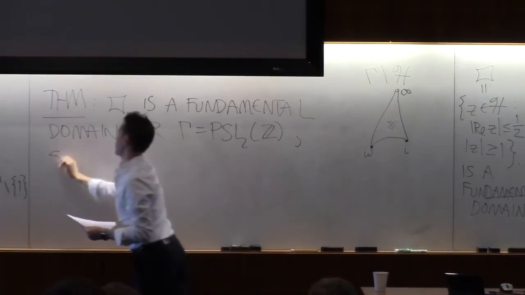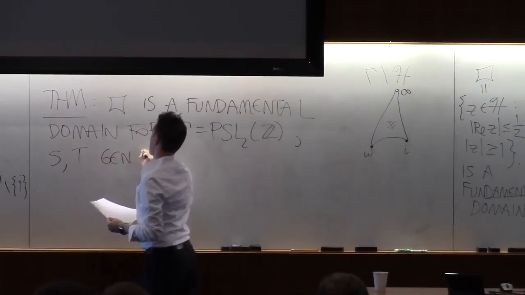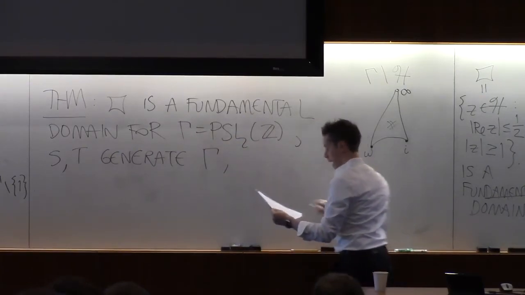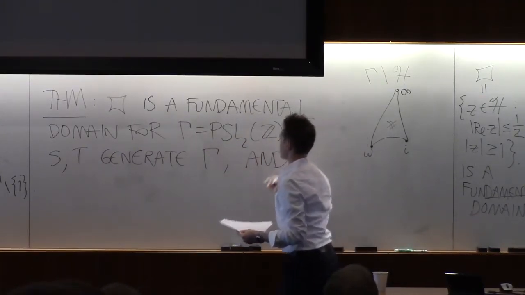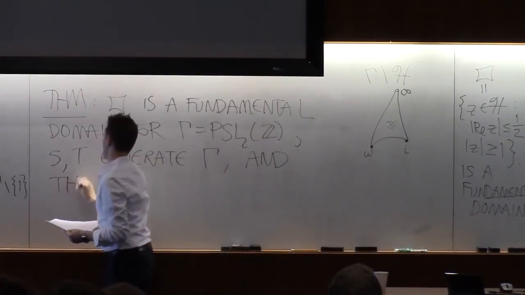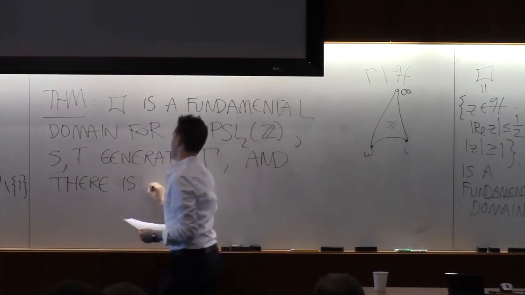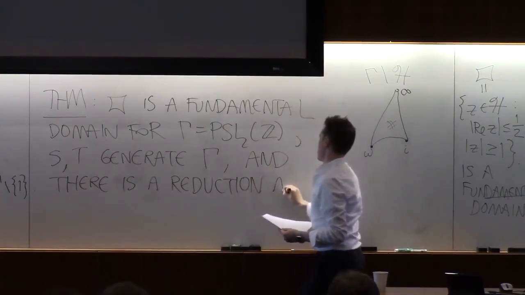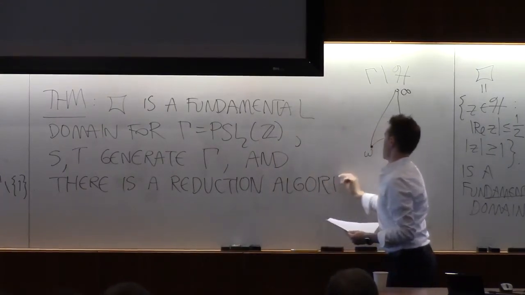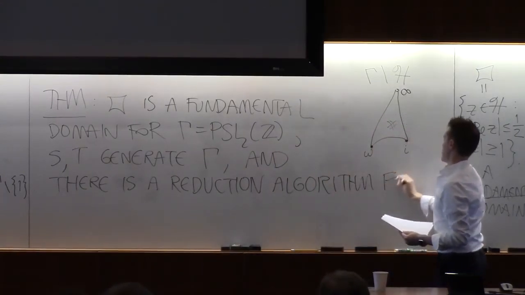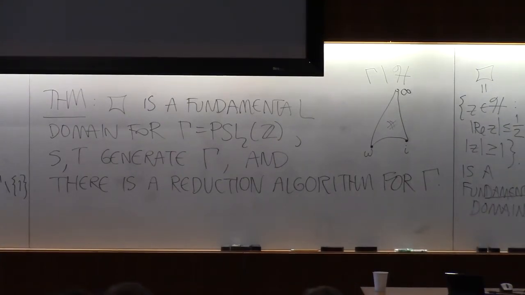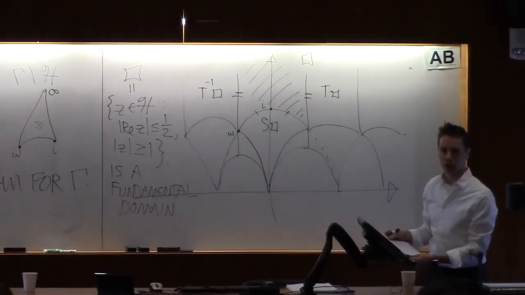S and T generate gamma, and there's a reduction algorithm. Okay, so if you haven't seen any of this before, I'll explain all of the details to you in the book.